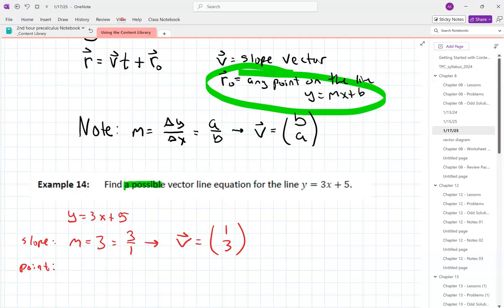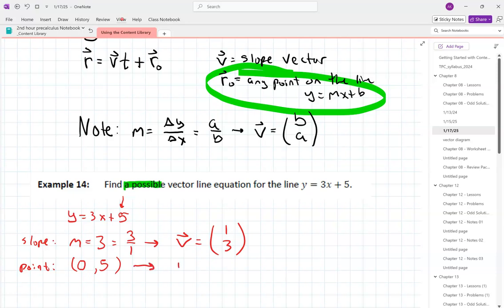Then I need a point from the line y equals 3x plus 5. What's the easiest point to get? Usually the y-intercept, right? Because it's staring us right in the face. What is the y-intercept here? For the line y equals 3x plus 5. 0, 5, right? Does it have to be that one? No, but it's sitting right there. All I do is 0, comma, whatever was added, right?